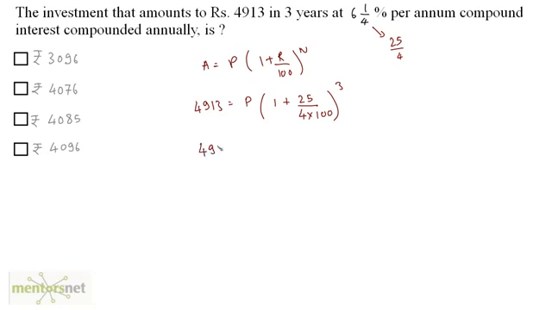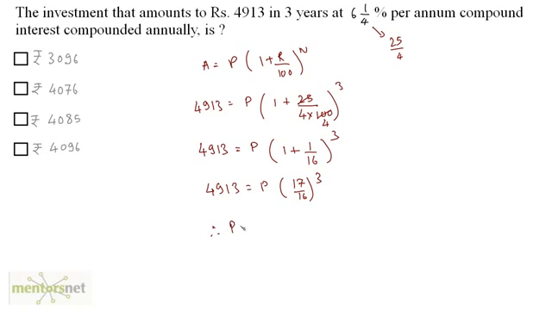So 4,913 is equal to P into 25 times 4 is 100. So you have 1 plus 1/16 raised to 3. So again 4,913 is equal to P into 17/16 cube.